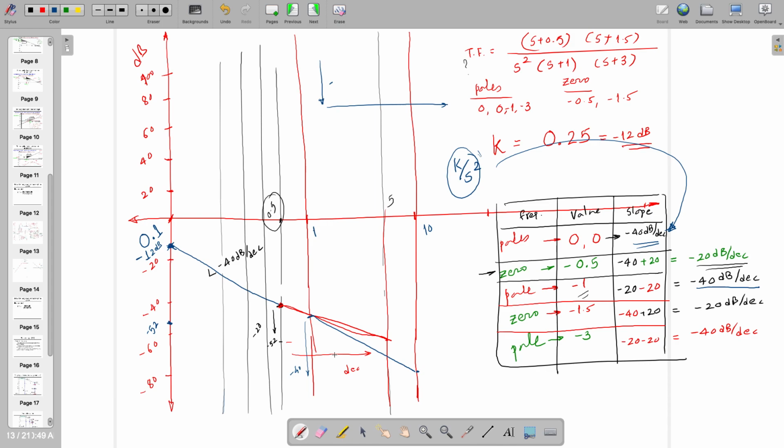There is something called causal and non-causal. When it's a causal system, we know what is going to happen. We cannot predict what is going to happen at, let's say, 10 kilohertz and sitting at 0. We cannot predict that.